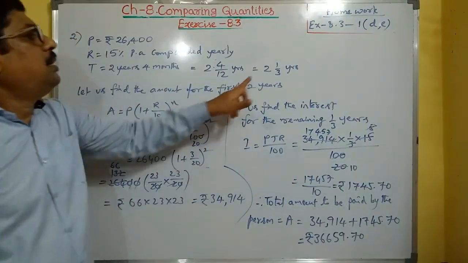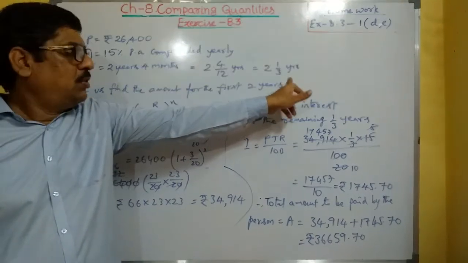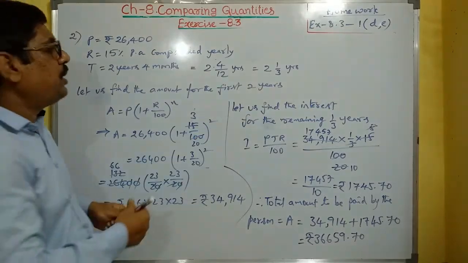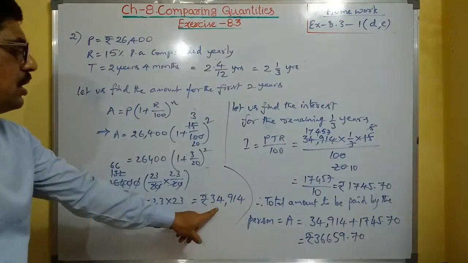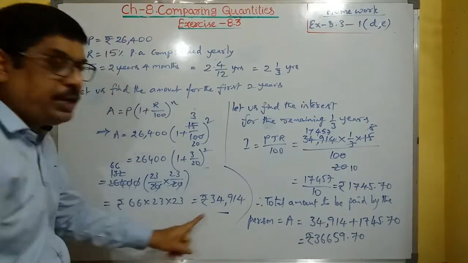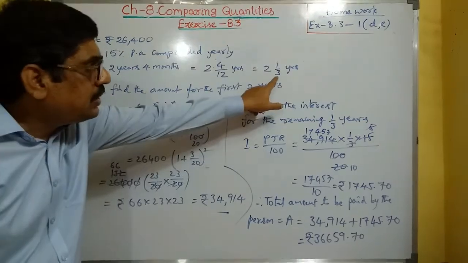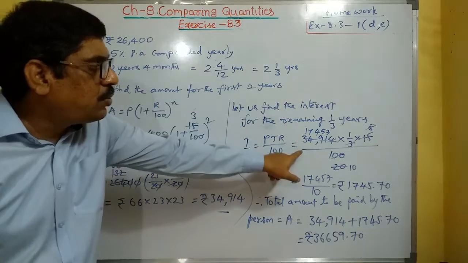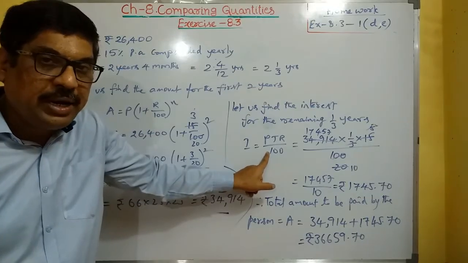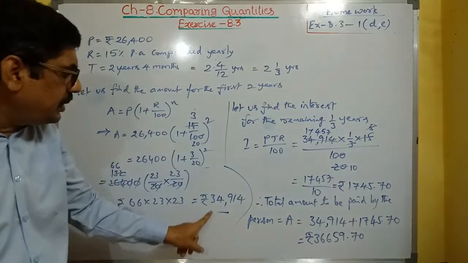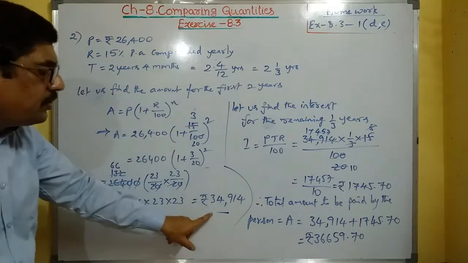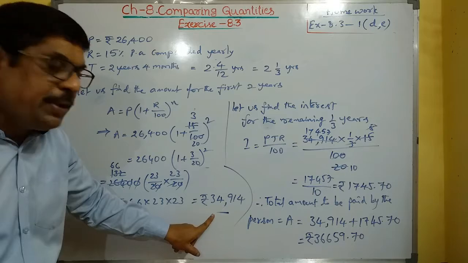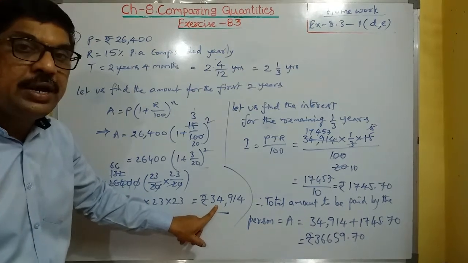So let me explain this briefly. Actually here it is 2 years and 1/3 year. We can't take the power as 2 1/3. So that's why first I calculated the amount for 2 years. This is the amount at the end of 2 years. Still 1/3 is there. This interest we have to calculate by taking the formula separately. So by taking this as the principal, after 2 years the principal will become 34,914.